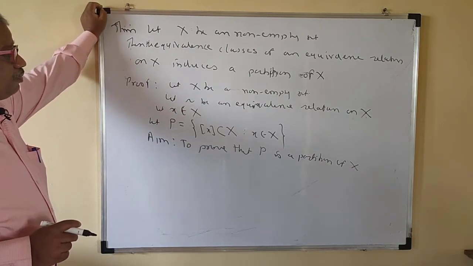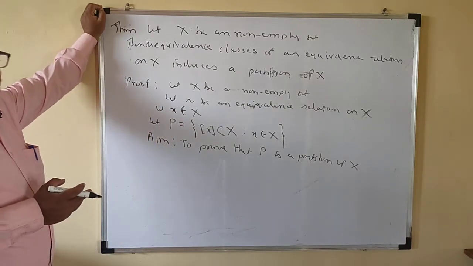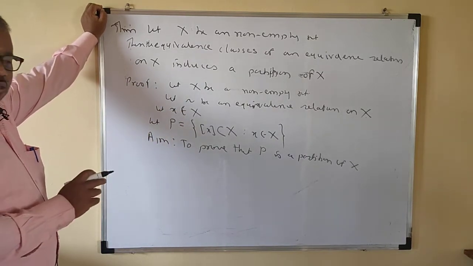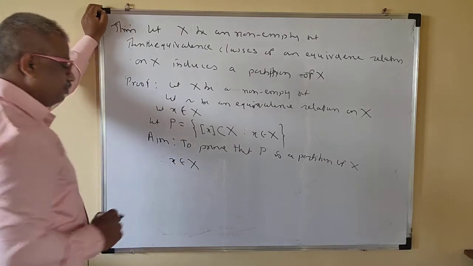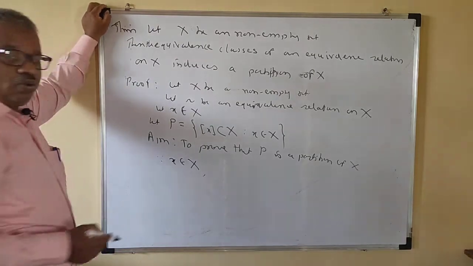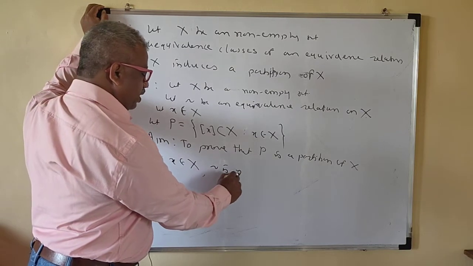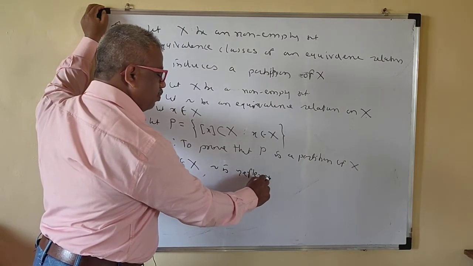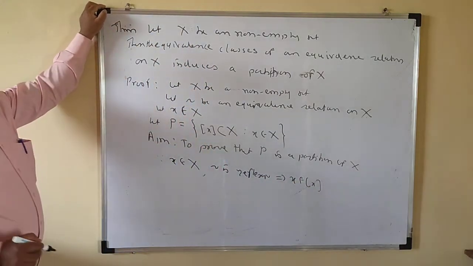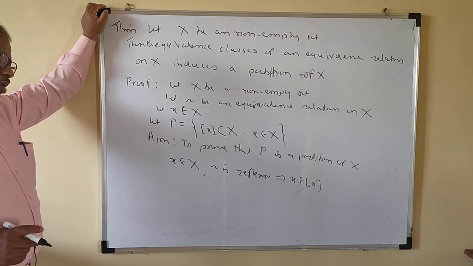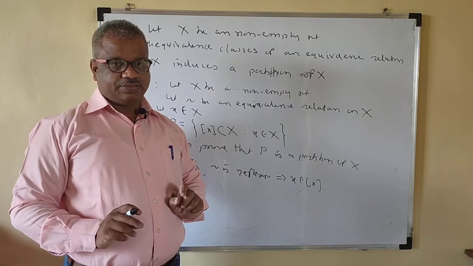Partition means what? What do you have to prove? The union of all the sets. That we will do in a moment. Since x belongs to X, we know that tilde is reflexive. This implies that x belongs to the equivalence class of x. Now it means every element is in its equivalence class, right?